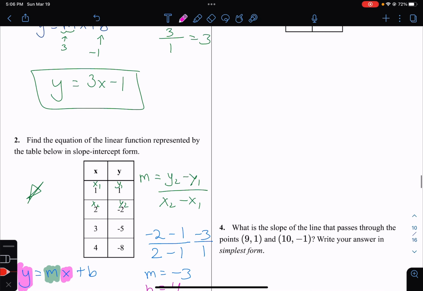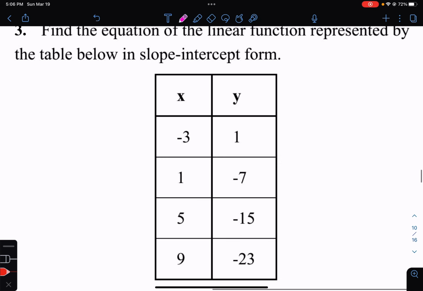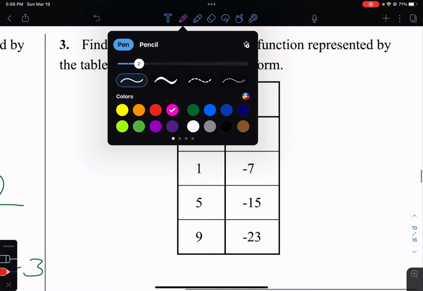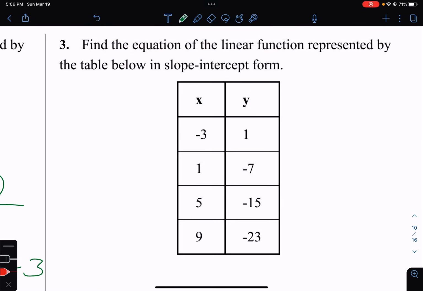All right. Next one here. We're going to go ahead and, first, it's the exact same question they've been asking us. They want us to figure out the equation of this linear function. So let's go ahead, x1, y1, x2, y2.